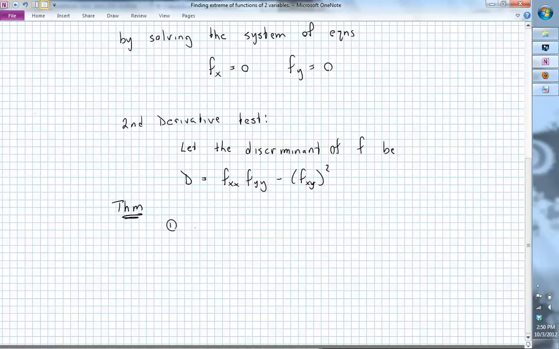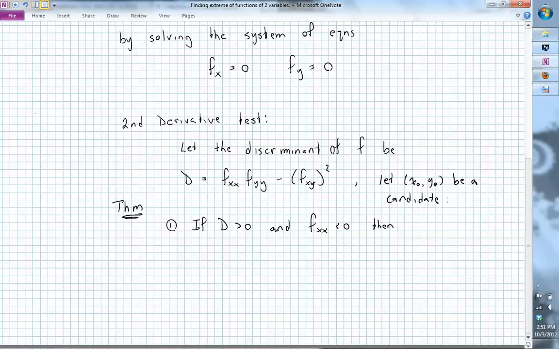1. If the discriminant is greater than 0 and f sub xx is less than 0, and let x naught, y naught be a candidate. What do I mean by candidate? The first partials are 0. So this is a place where the first partials are both 0 at the same time.